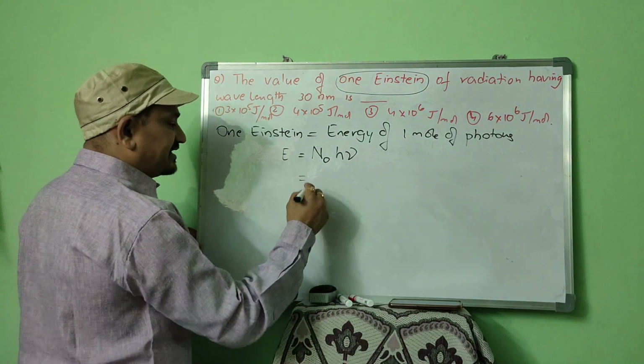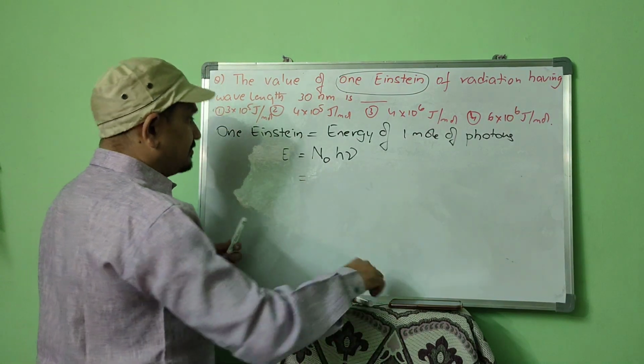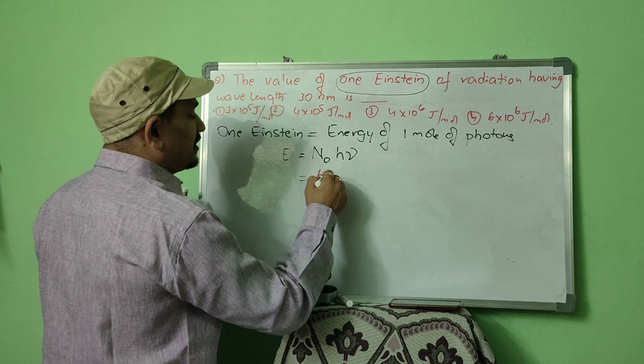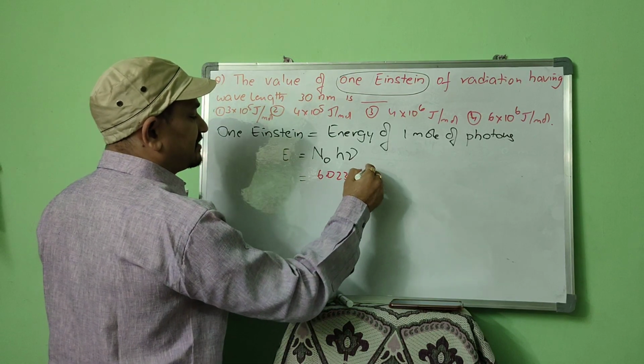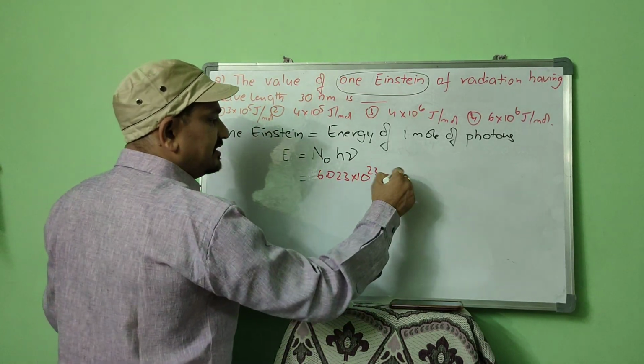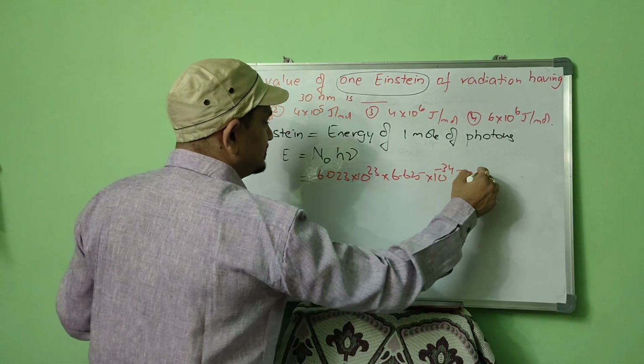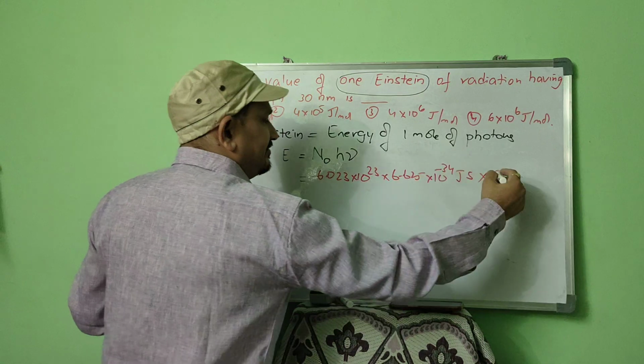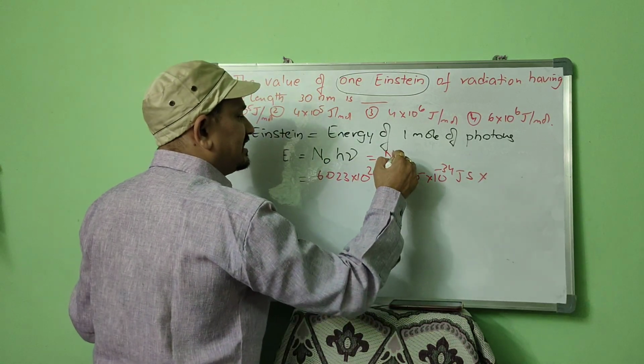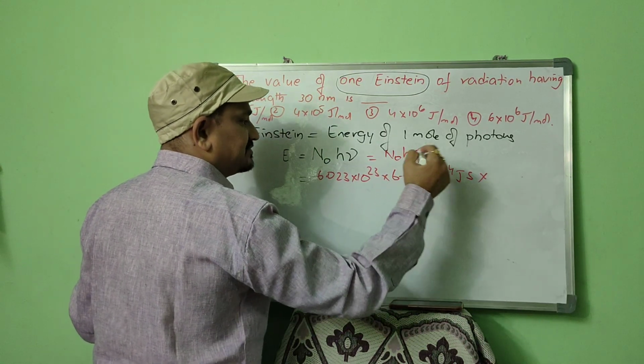On substituting here: 6.023 into 10 power 23 stands for Avogadro number, into 6.625 into 10 power minus 34 joule second, into nu, which equals c by lambda. We can use that substitution.